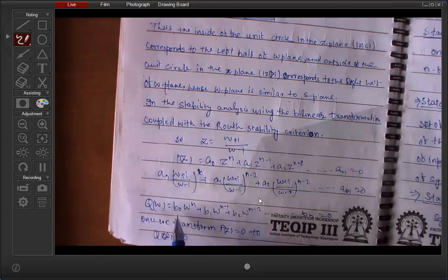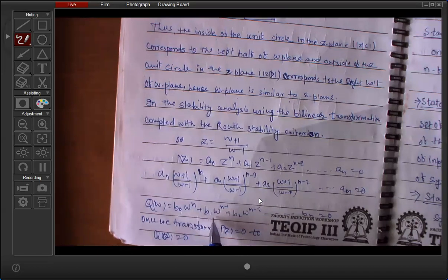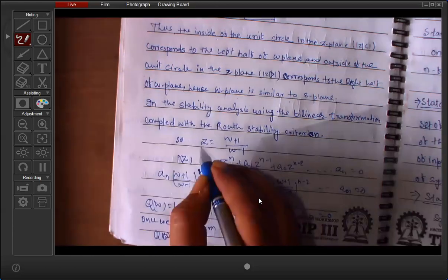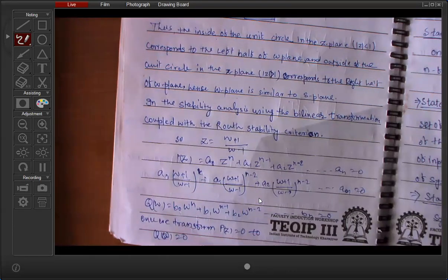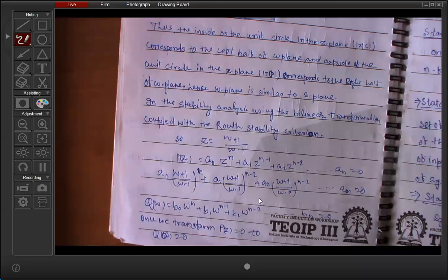So now if you solve, the polynomial becomes b0 w^n + b1 w^(n-1) + ... up to bn = 0. That means when you replace z = (w+1)/(w-1), the polynomial P(z) becomes b0 w^n + b1 w^(n-1) + ... up to bn.